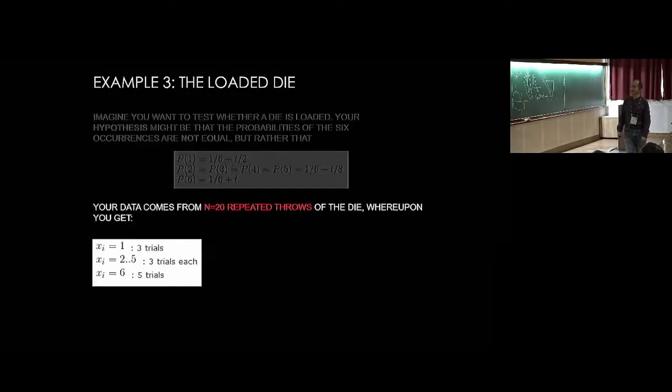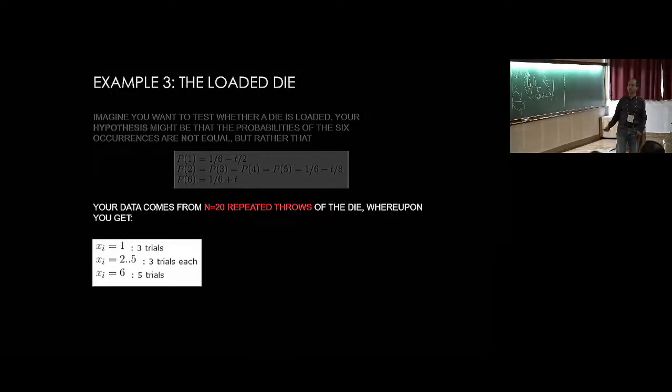And we will test this model by assuming that we throw the die 20 times and we get these results. You see that we get 1 3 times, a number between 2 and 5 12 times, and we get a 6 5 times. So we have gotten 5 times a 6, which is more than you expect.